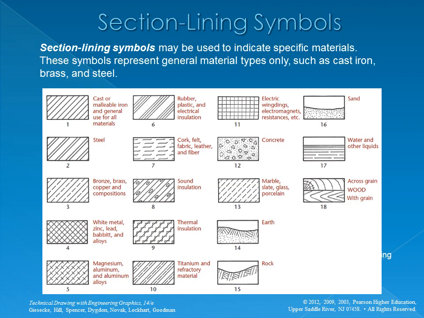There are conventions for showing different materials in section, some of the most common of which are shown here. In level 1 of your program, you will be using hatch pattern number 1 as your default pattern. When you get into your specialty, the ones you are most likely to run into are steel, concrete, wood, and earth.